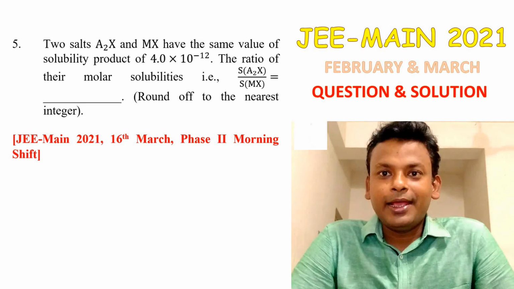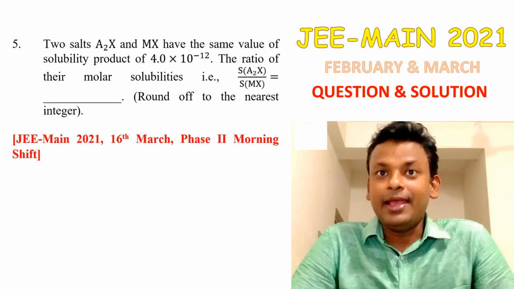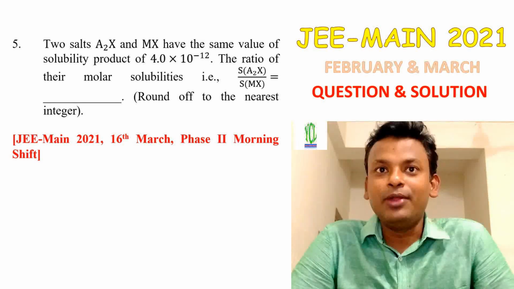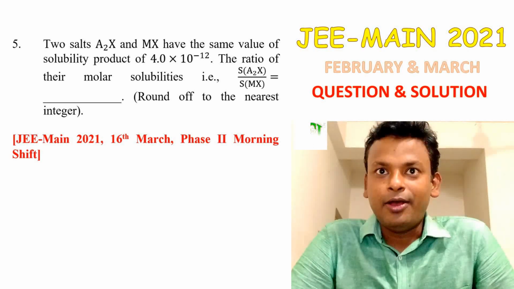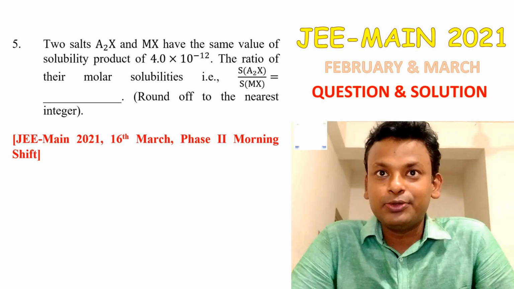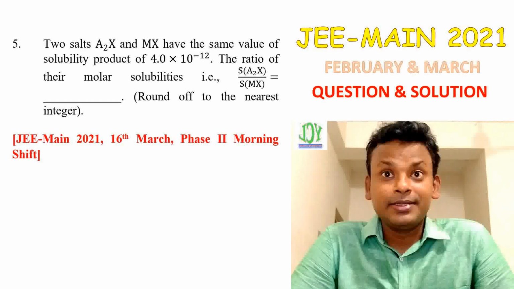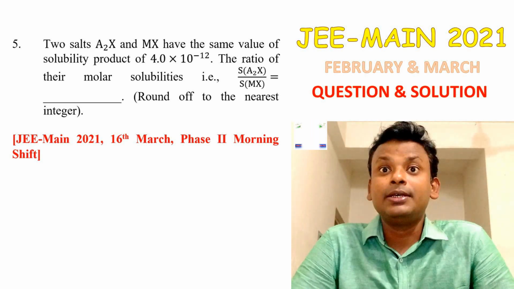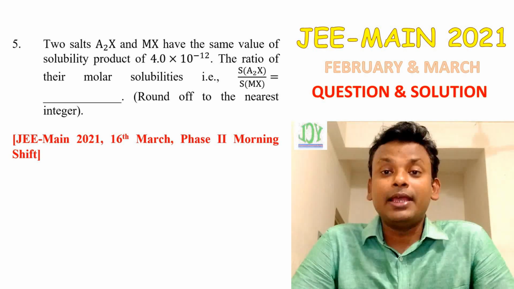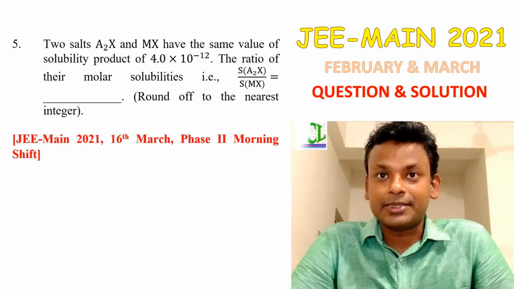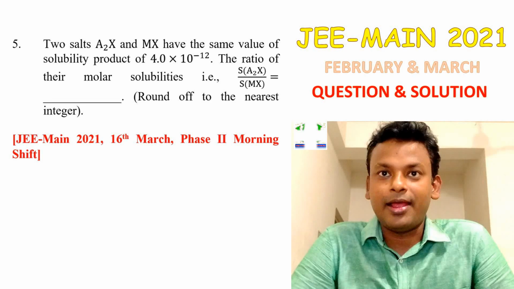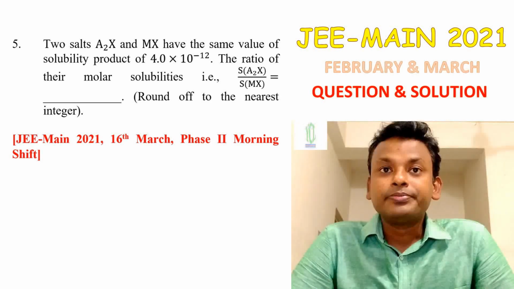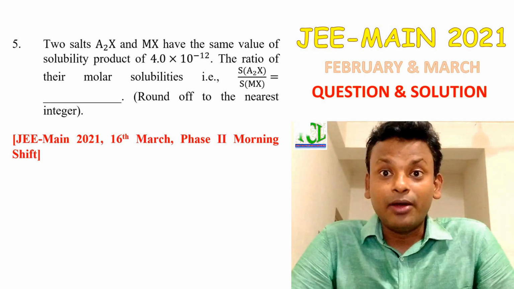Two salts A2X and MX have the same value of solubility product of 4.0 into 10 to the power minus 12. The ratio of their molar solubilities, that is S(A2X) by S(MX), equals to dash, and answer is a round figure.